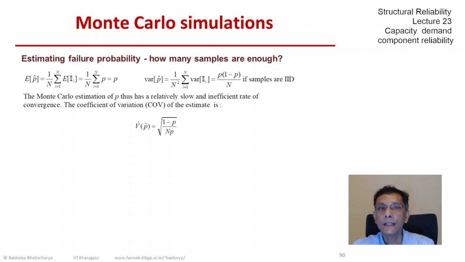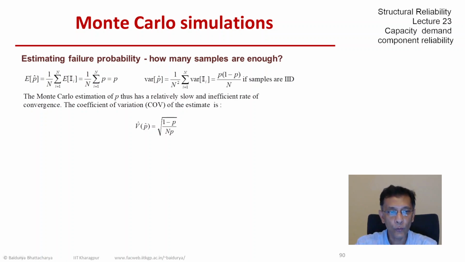Because variance goes down as 1 over n, the standard deviation goes down as 1 over square root of n, and that is actually an inefficient convergence, which is true for all such sampling techniques. But if we want to find the estimated COV, the coefficient of variation, sigma over mean, then it turns out to be the square root of 1 minus p over np, or q over np.